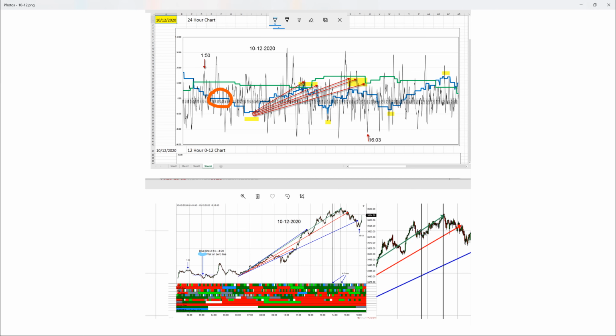If you look at the corresponding area on the price chart below, you can see from the text note, the blue line was flat on the zero line from 2:14 to 4 a.m. And you can see on the corresponding price chart that the market was flat in that same time period. That's a good indication of a no trade zone and an indication of an area to stay away from trading.